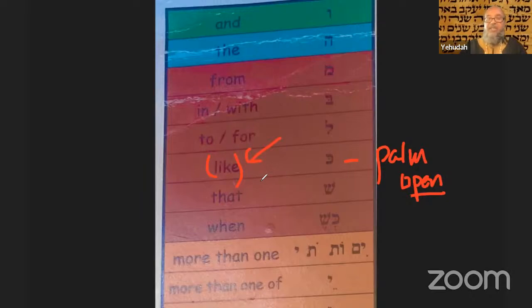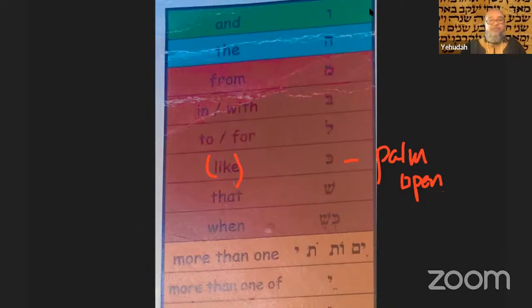Because that's what they did in our culture. When they wanted to know what a spice was, wanted to figure it out, they take it, they crush it, they put it in the palm of the hand, and they move it around and say, it feels this way, it looks like this. And they take the palm and put it up to their nose and it smells like this, or they might stick their finger on it and put it on their tongue from their palm. Like, okay, so it means like.